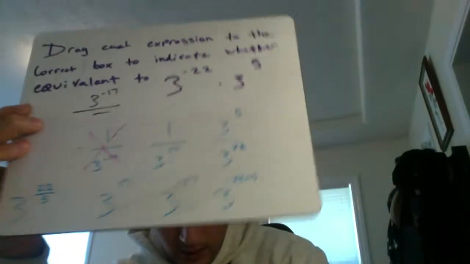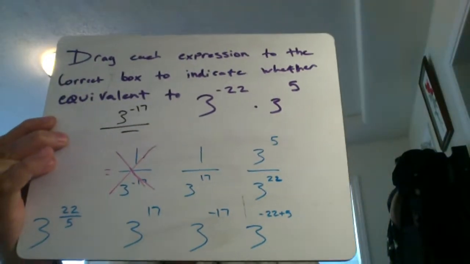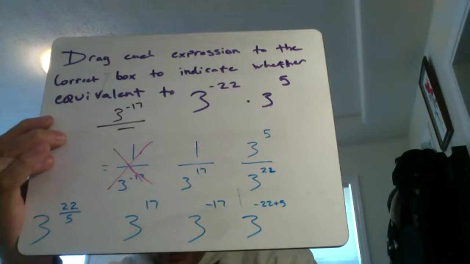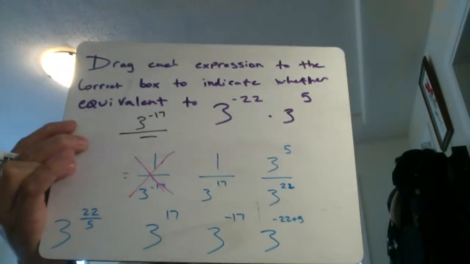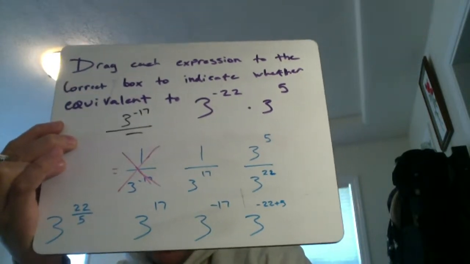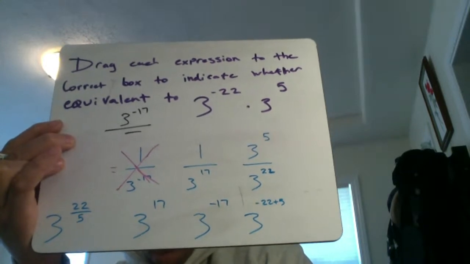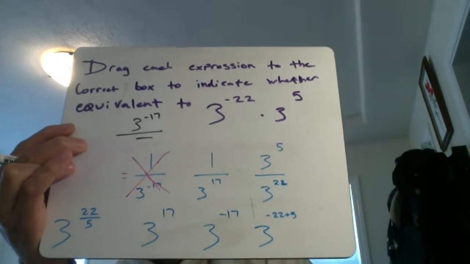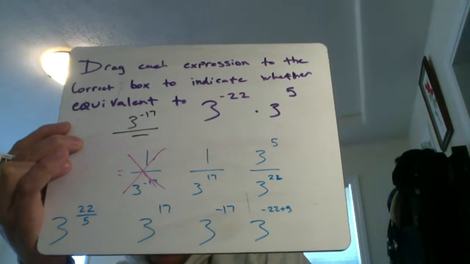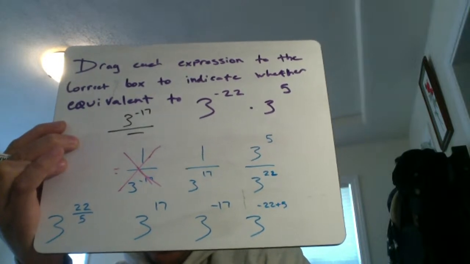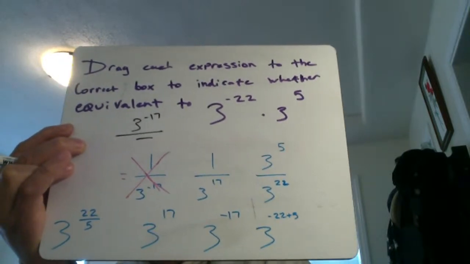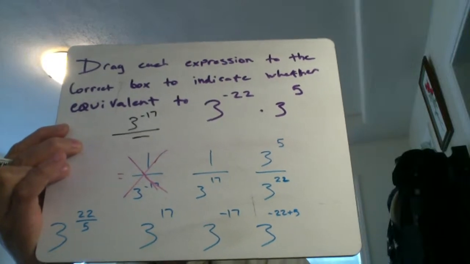Okay, let's look at this one. They have 1 over 3 to the 17th. So is that the same thing as 3 to the negative 17th power? We kind of just talked about this one. So we know that it is positive in the denominator.